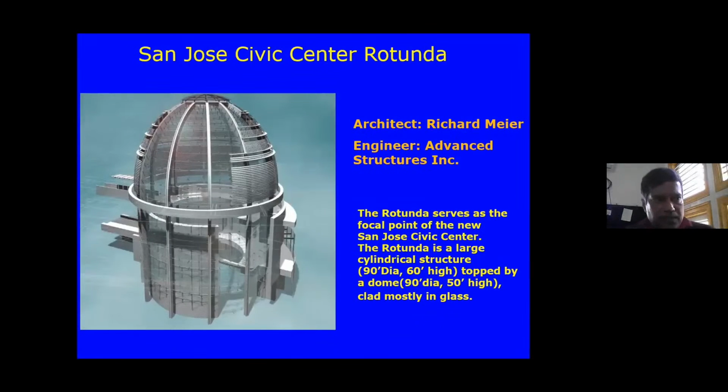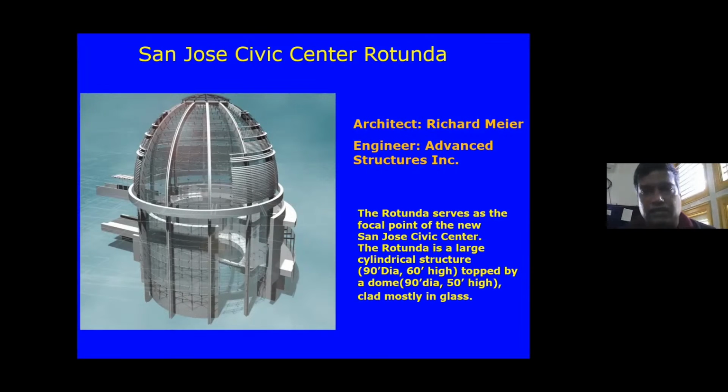To explain that concept in this project, this is one of the earliest where the code was used. I think this building was built approximately 2001 to 2002. It's the San Jose Civic Center. The architect is Richard Meier, again a famous architect in the United States.